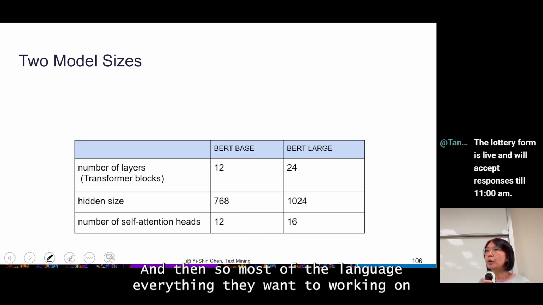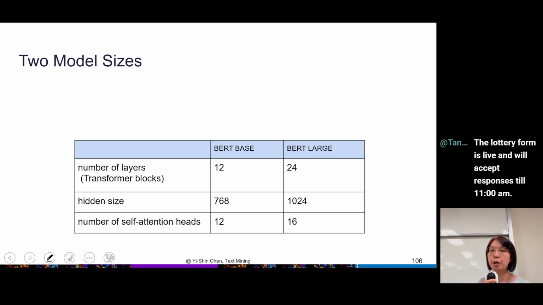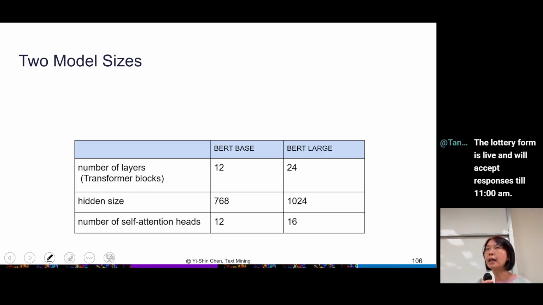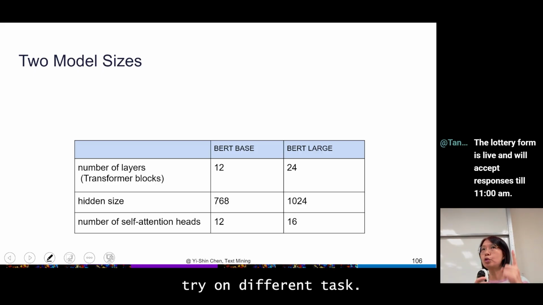And then, most of what they work on is almost the same as the transformer because they have the same architecture. But BERT became a very, very important paper. Why? Because that is the first language model tried on different tasks.